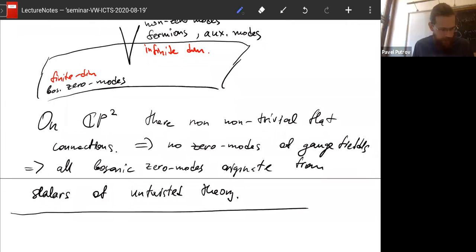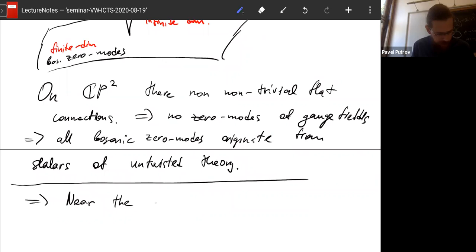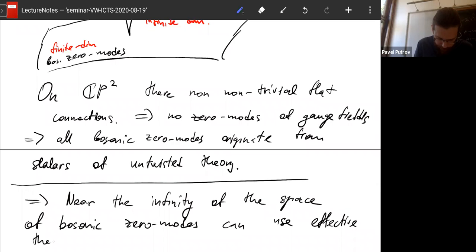Therefore, we can simplify our calculations by using the fact that near the boundary, at infinity of the space of bosonic zero modes, we can use an effective description in terms of the theory on a Coulomb branch.